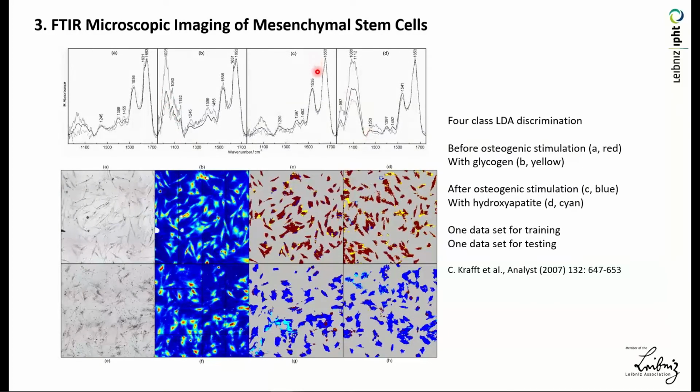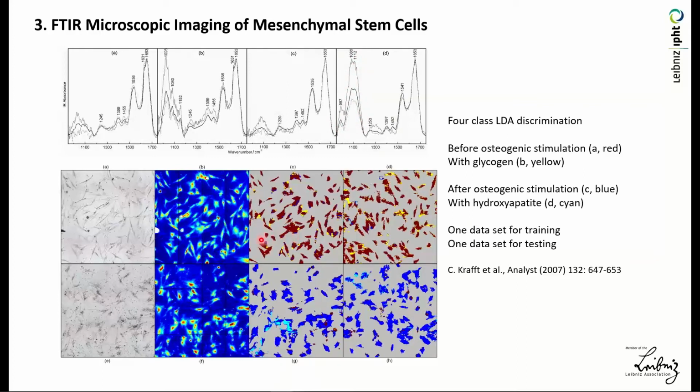Then after osteogenic stimulation, the infrared spectra changed. Here, the most prominent change is a small lower shoulder of this M1 band. And then after stimulation, some cells also express matrix. That means hydroxyapatite. And this is also clearly visible in the red spectrum.